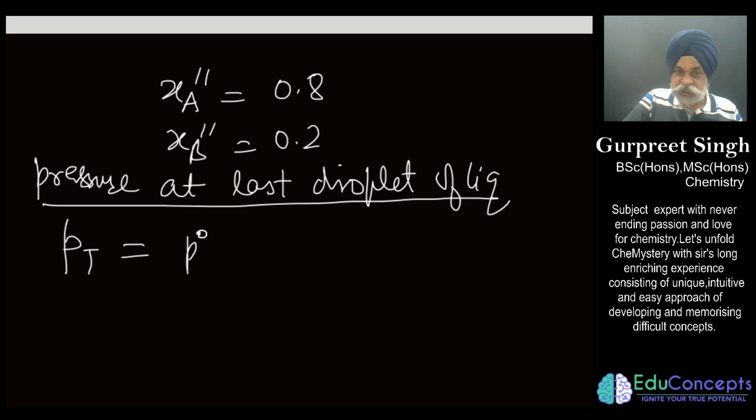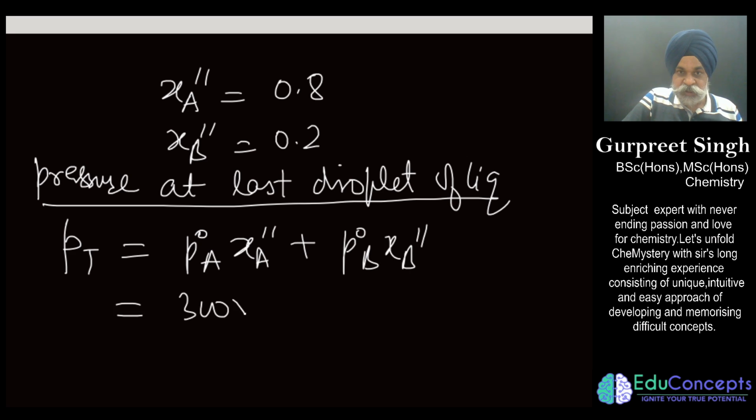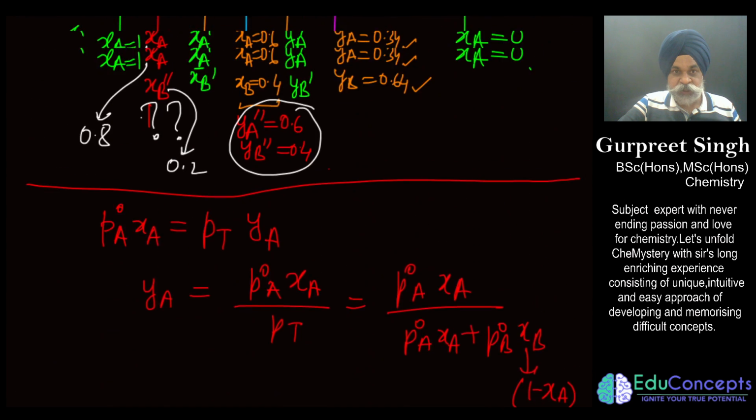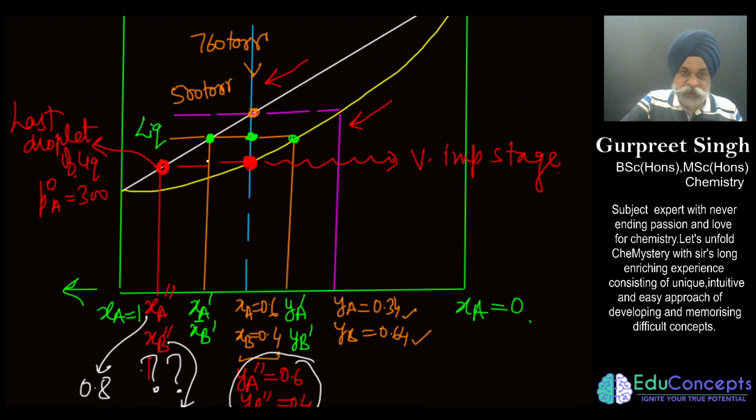Again you can find it in a simple way: P naught A XA double dash plus P naught B XB double dash. So this is 300 into 0.8 plus 800 into 0.2. This comes out to be almost 400 torr. So corresponding to this point, the pressure has been 400 torr.